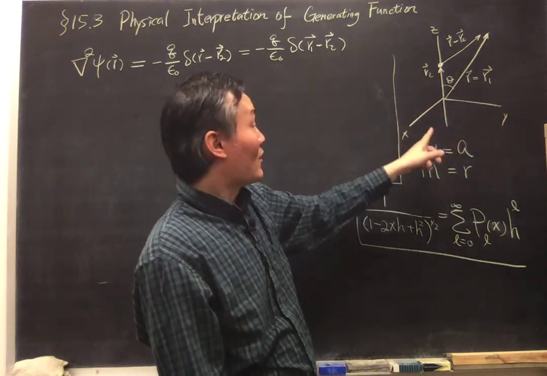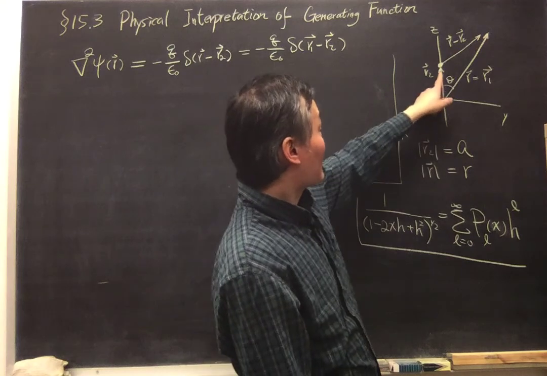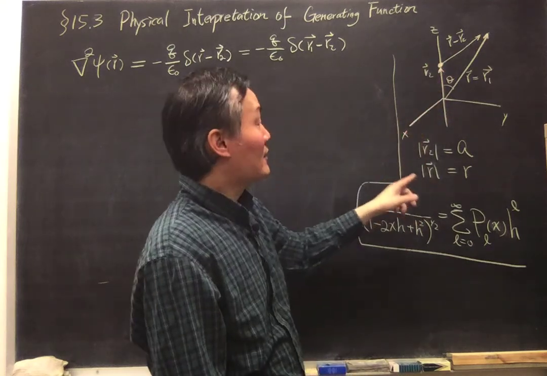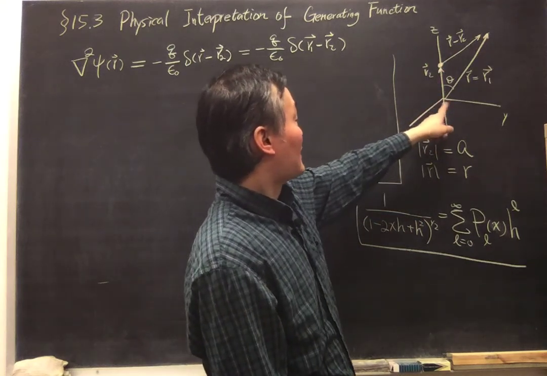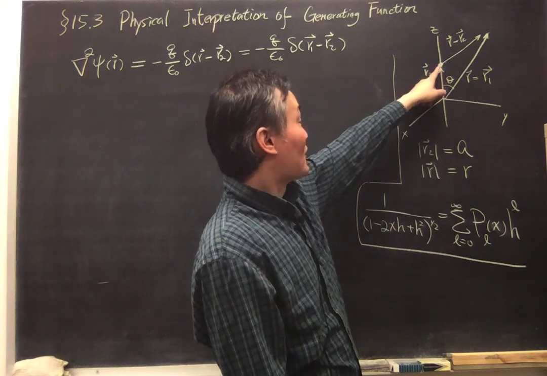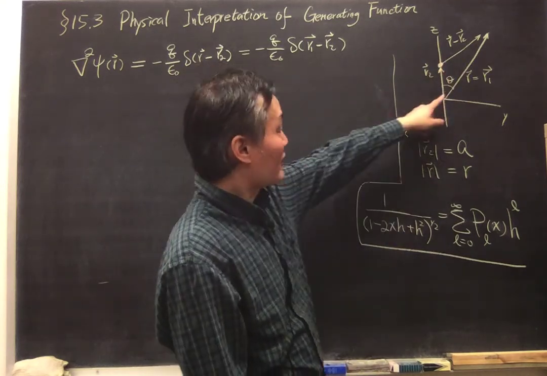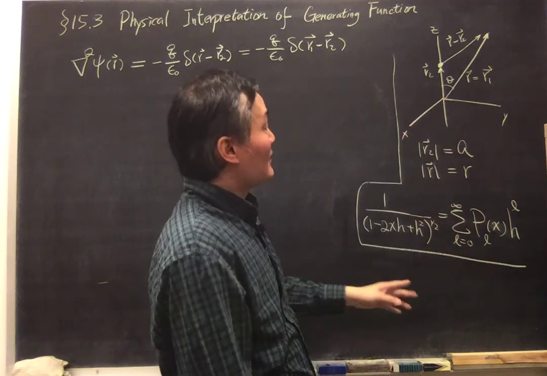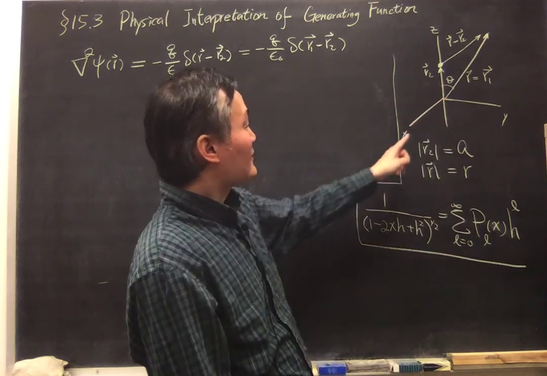So we choose a coordinate system such that the charge is on the z-axis, and the charge is not right on the origin, but that's for a reason.